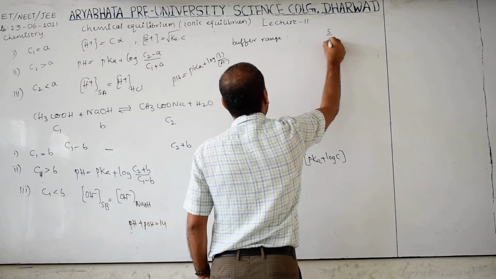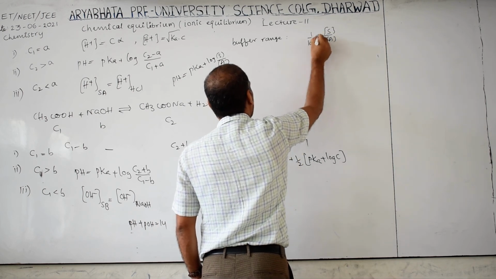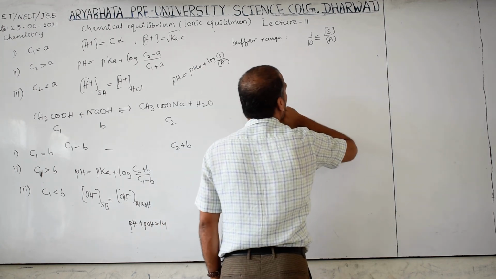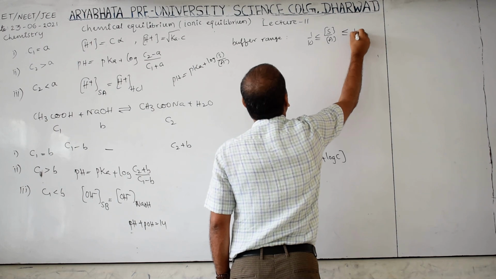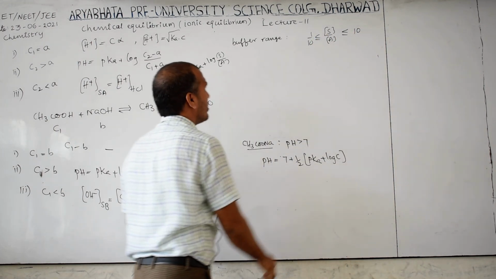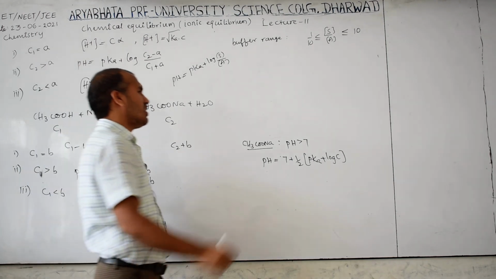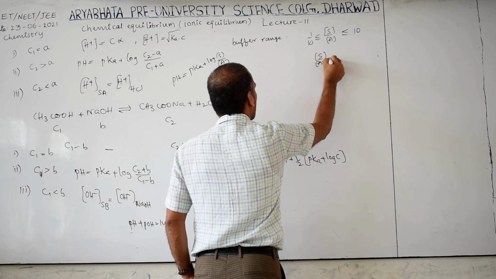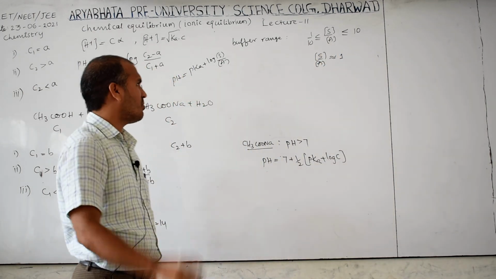Then salt by acid concentration between 1 by 10 and 10 acts as a better buffer, but salt by acid concentration close to 1 is the best buffer.